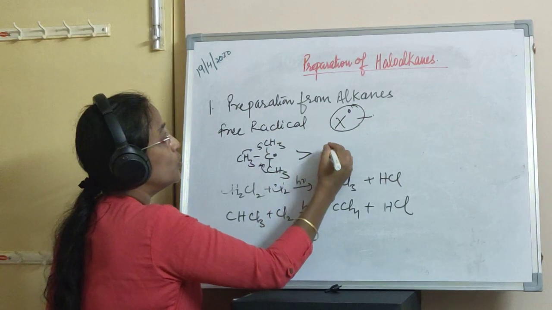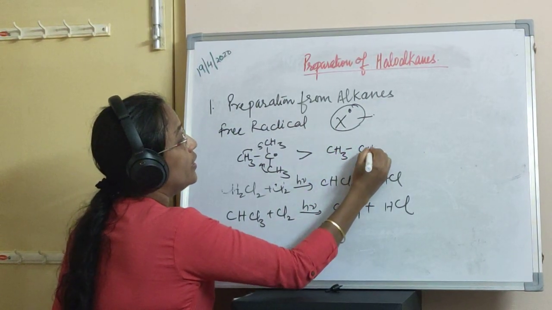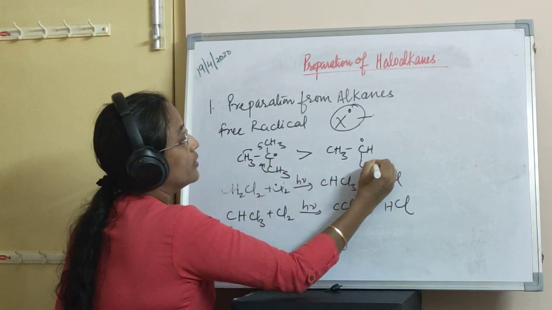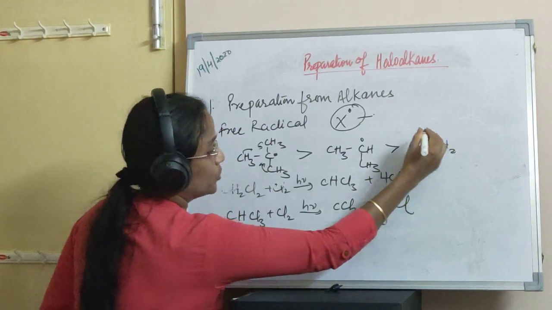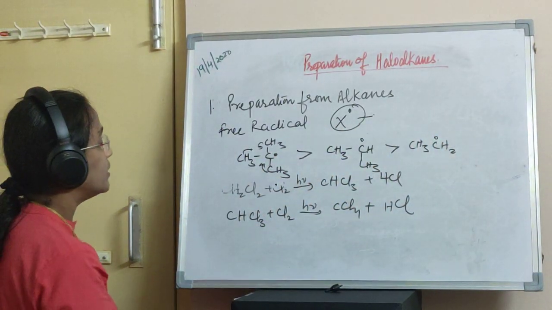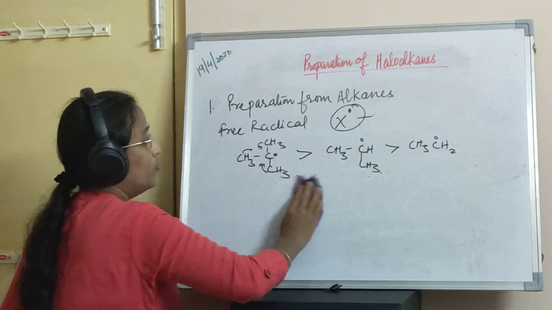So tertiary is the most stable free radical, then we have the secondary free radical, then the next stability is for the primary free radical. So free radical substitution is maximum in tertiary alkanes, then secondary, and then primary.